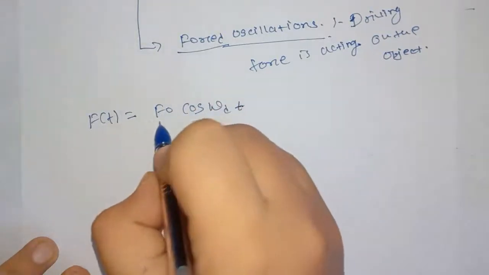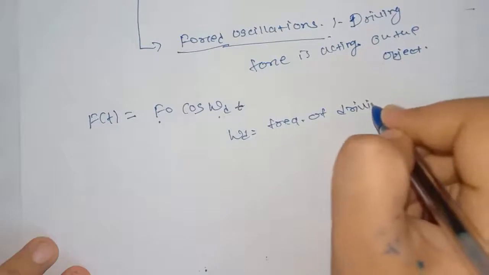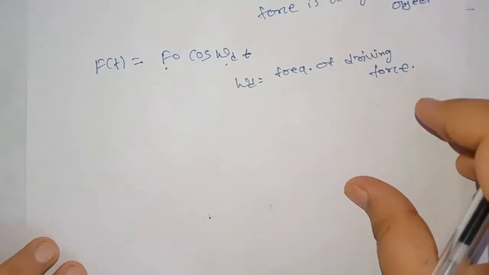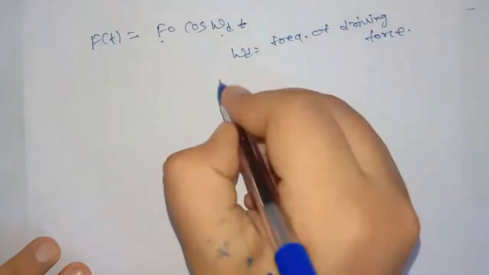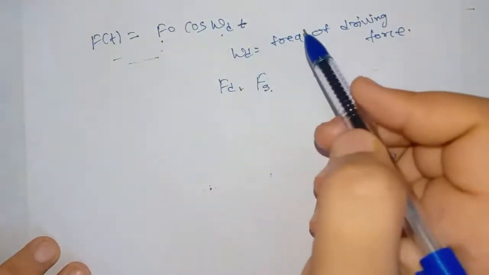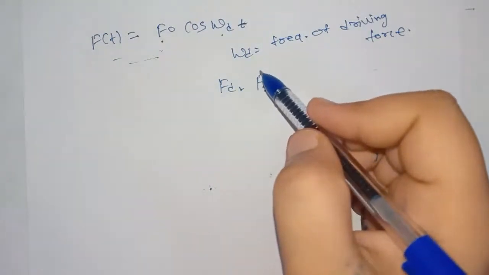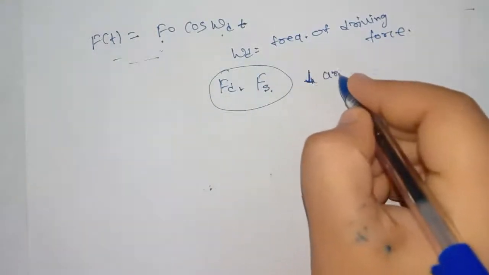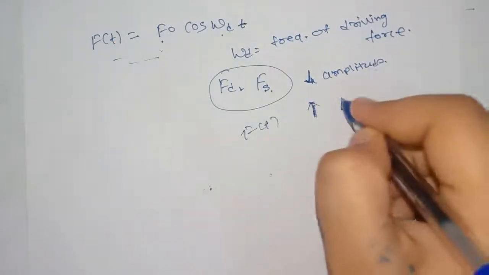Here f naught is the magnitude and omega d is the frequency of the driving force. Now, in addition to the drag force and the restoring force, this driving force is also acting. The drag force and restoring force decrease the amplitude, while f of t is used to increase the amplitude.